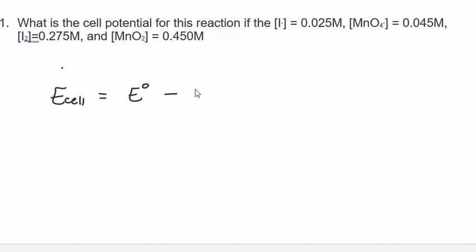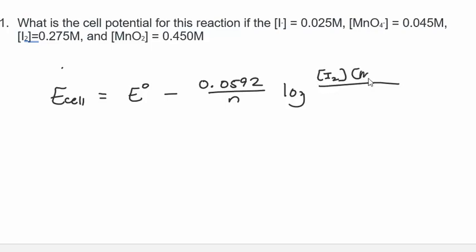And then since we're going to call this non-standard conditions, we can use this equation here. And then we need our Q. Now, remember our Q value from the equilibrium chapter. We have the concentration of our products over the concentration of our reactants.